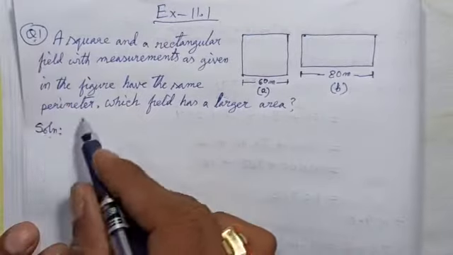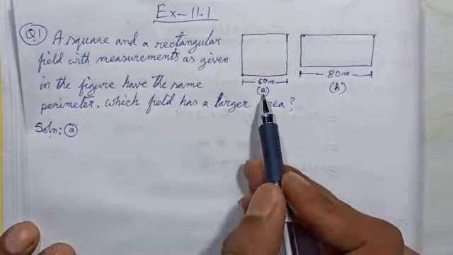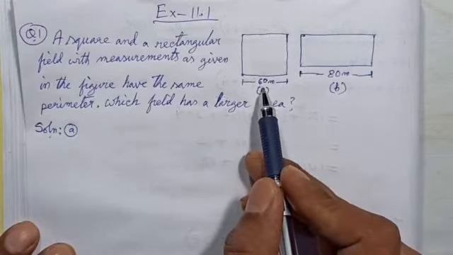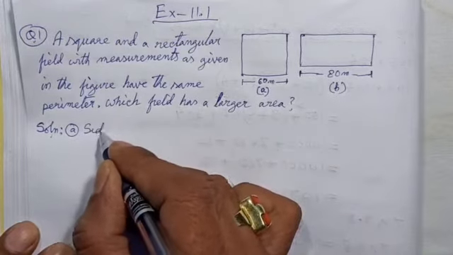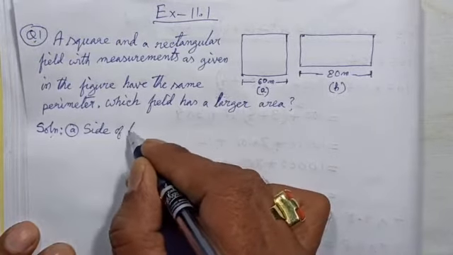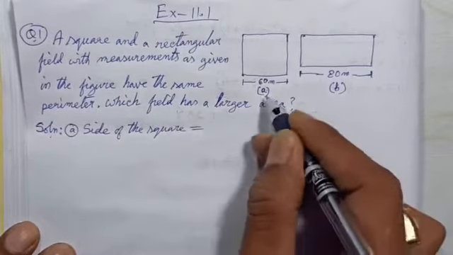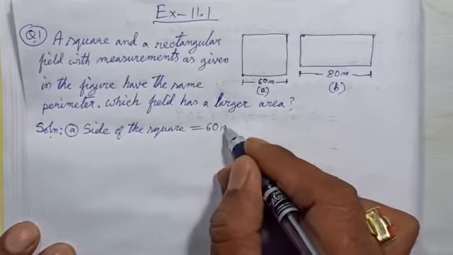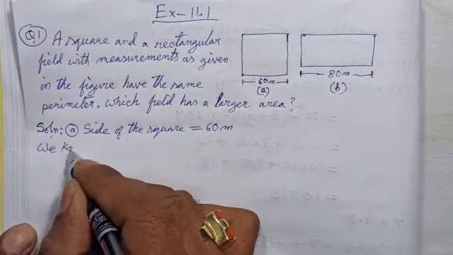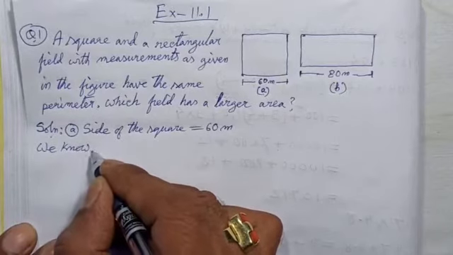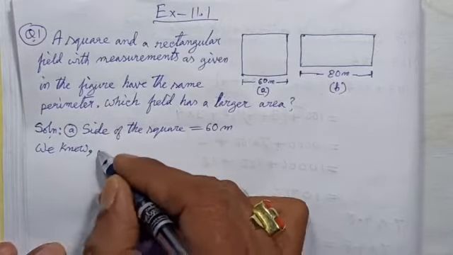Question number 1, solution A. Here it is given that the side of the square is 60 meter. So first let's write side of the square, and this is given as 60 meter. Next, let us apply the formula to find out perimeter of a square.